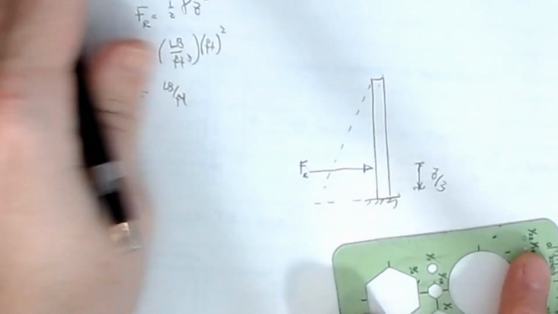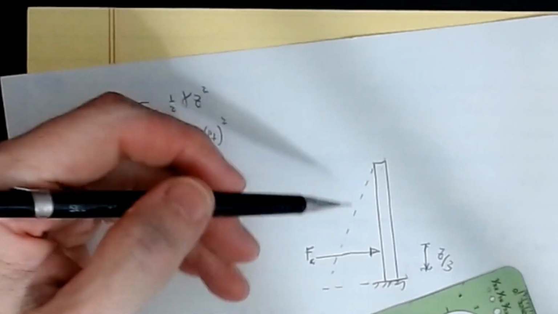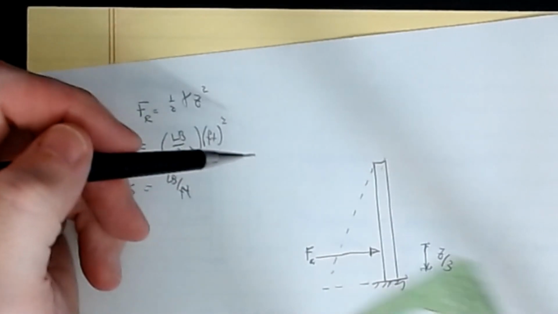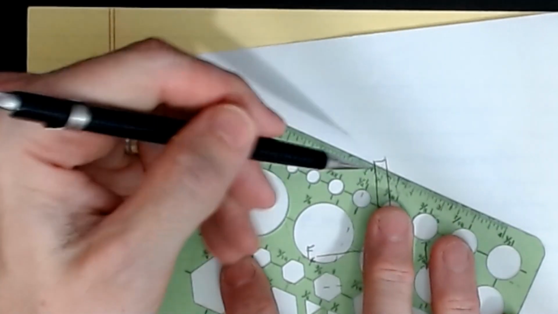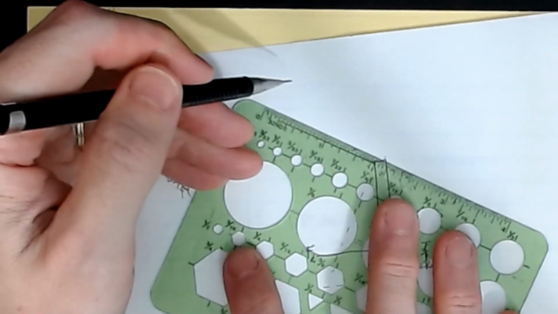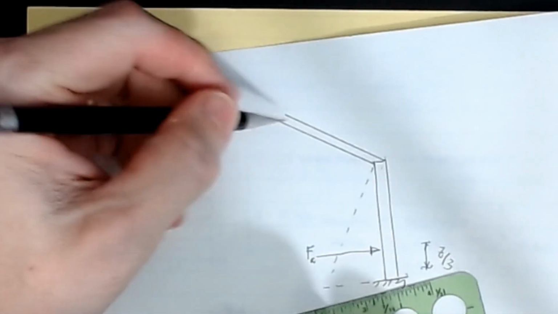And of course this depth we said was z over 3. What we're going to do is start thinking about this in 3 dimensions, and that's the thing you have to do with fluid pressure problems: you have to think about them in 3 dimensions. Let's now turn it this way.